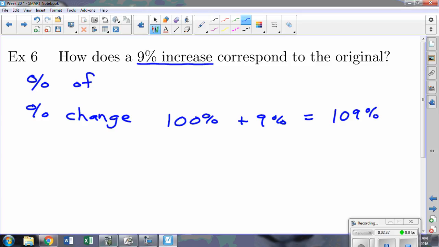That is the percent of the original. Whenever you discuss a percent change, the original 100% is not included. Whenever you discuss percent of, the original 100% is included. A lot of our work is going to bounce back and forth between understanding percent of versus percent change.